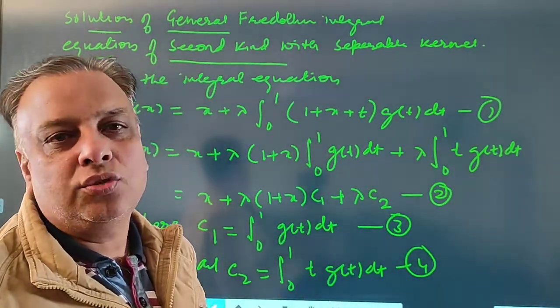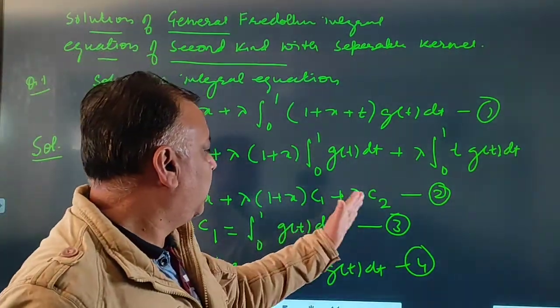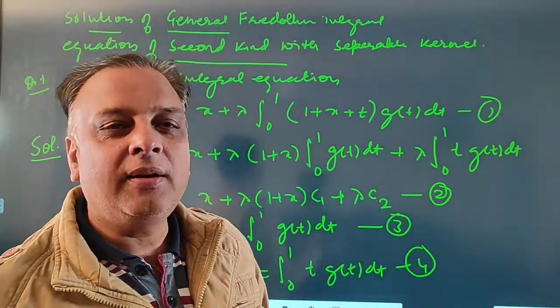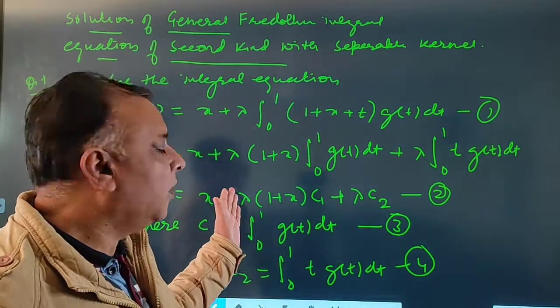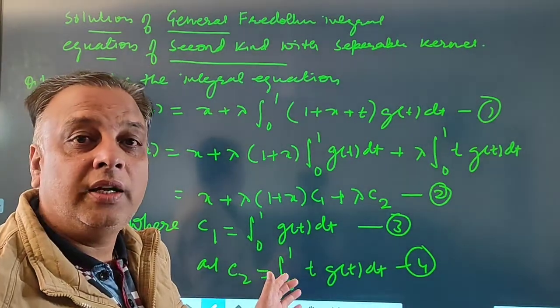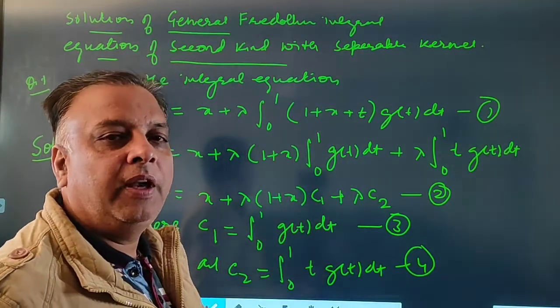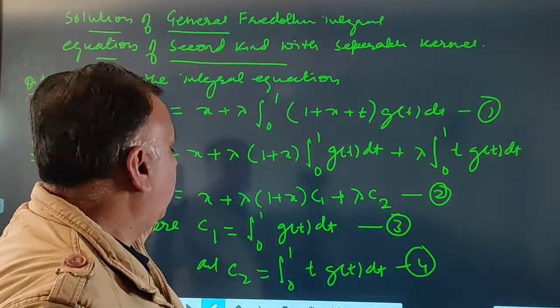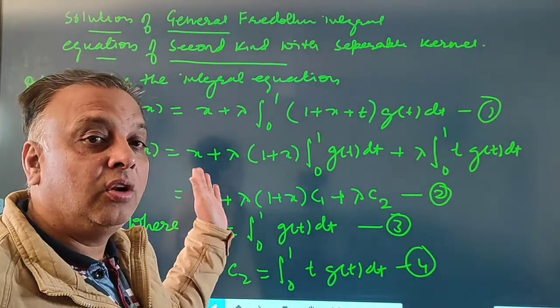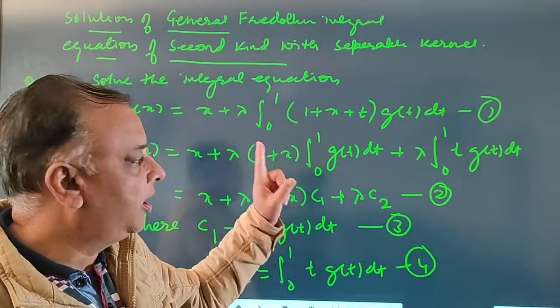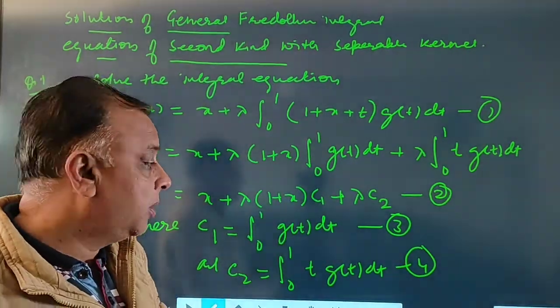Now our task is to find the values of c1 and c2, or in another manner, to find the value of lambda, that is the eigenvalue, and finally with the help of lambda we find the eigenfunction g(x), the solution of the integral equation, by equation number 2.